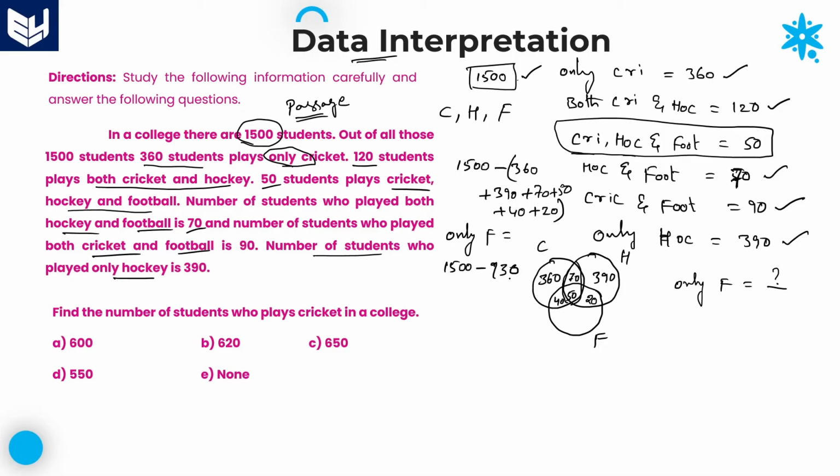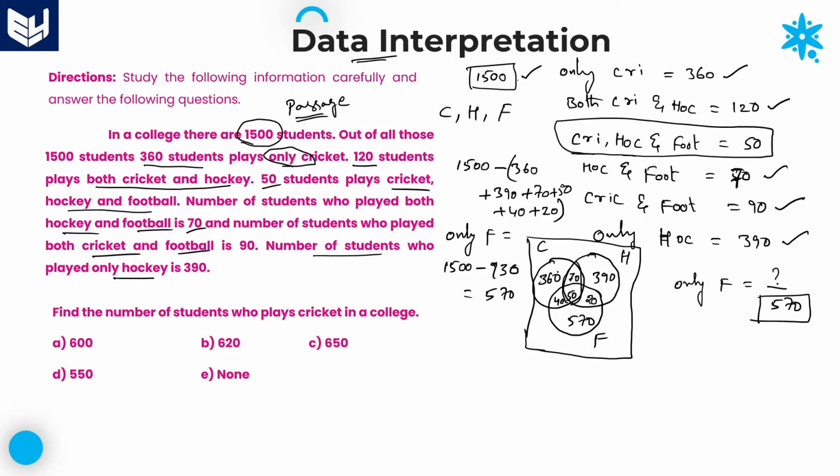Now subtract 930 from 1500. What do you get here? It is 570. 570 members are playing only football. This is the complete data about the given passage. From this diagram, it is very clear that the total number of students in the college is 1500.